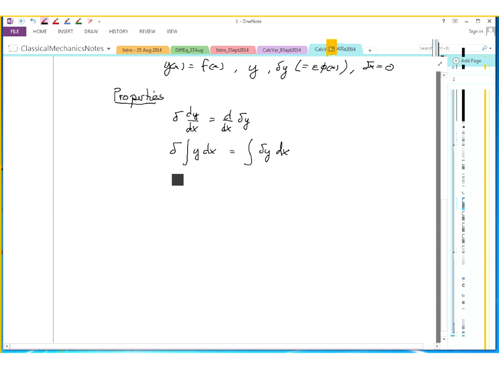And then we also saw the chain rule: delta of f of y, remember, this is y of x, is the same as df by dy delta y.